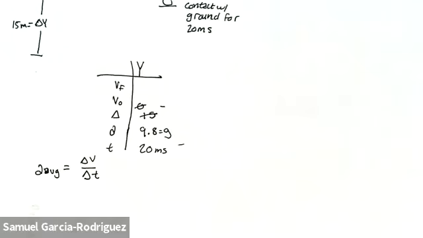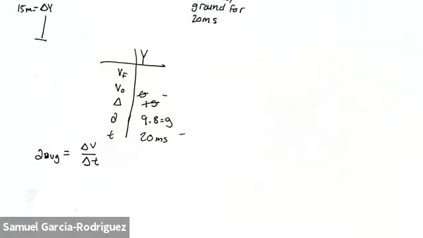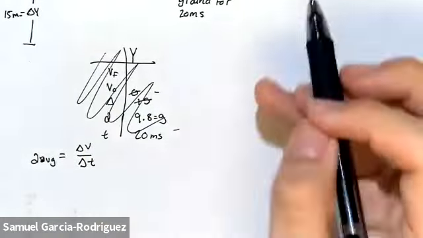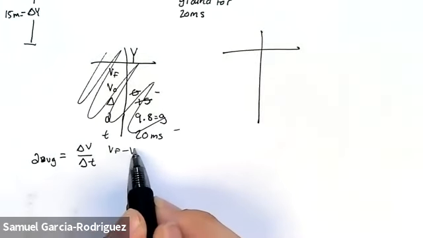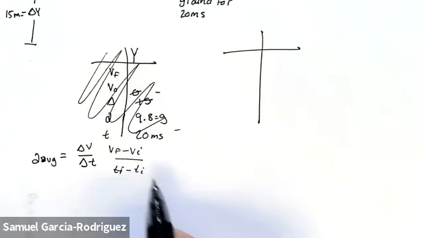Not necessarily, because v final, we usually dictate v final as the velocity just before it touches the ground, so it's maximum velocity. Okay, I'm going to set this up again. So this is v final minus v initial over t final minus t initial.